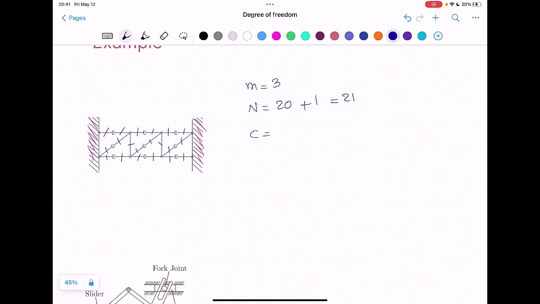And in the next step, we should count our joints. Okay, we have 1, 2, 3, 4, 5, 6, 7, 8, 9. We have 9 prismatic joints.